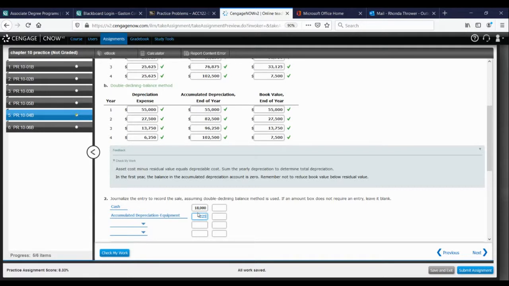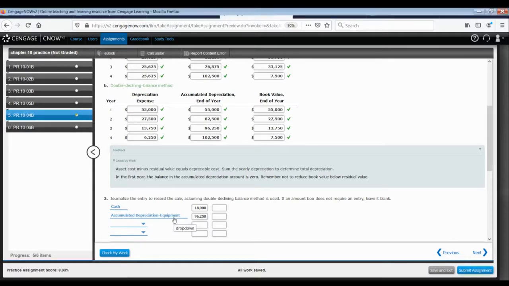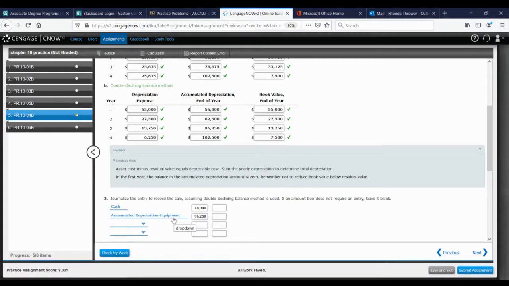We will debit this 96,250, because we are reducing the accumulated depreciation to 0. We're taking it off, in other words, of our books because we've sold the asset. We no longer have the accumulated depreciation that goes with that.